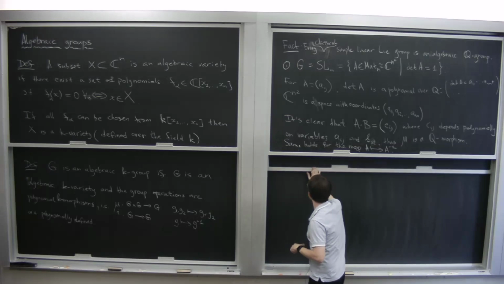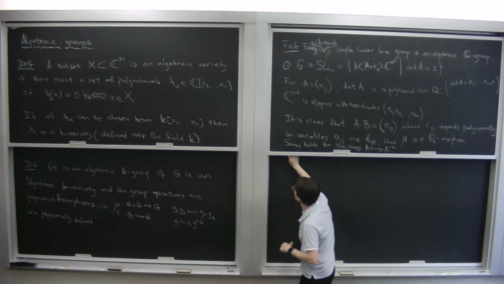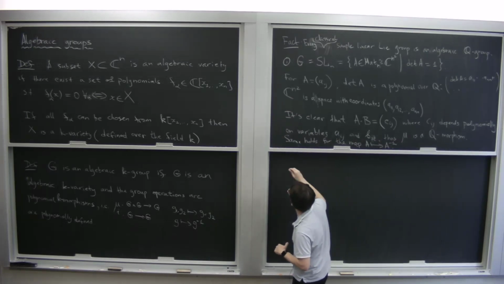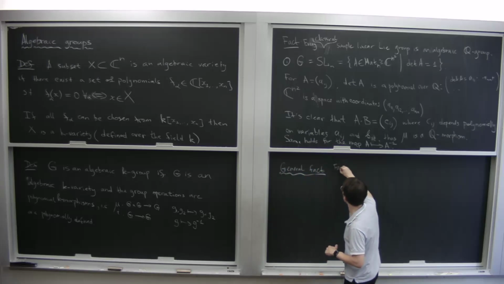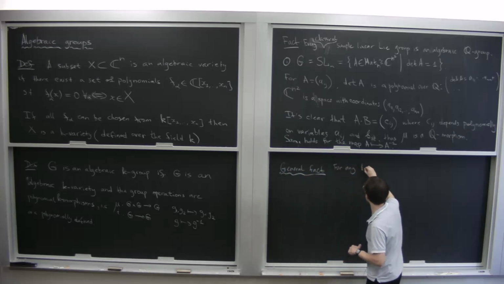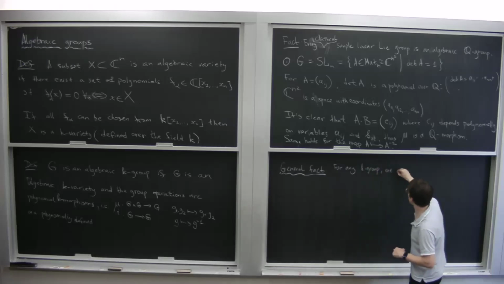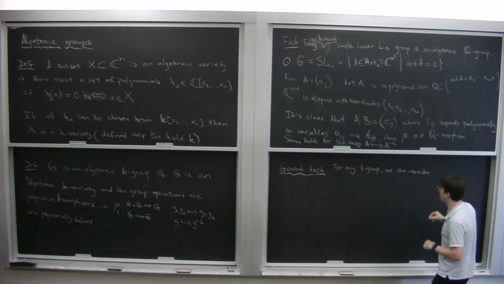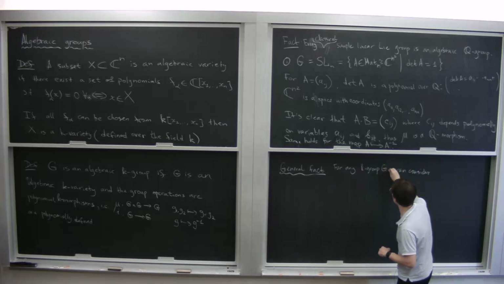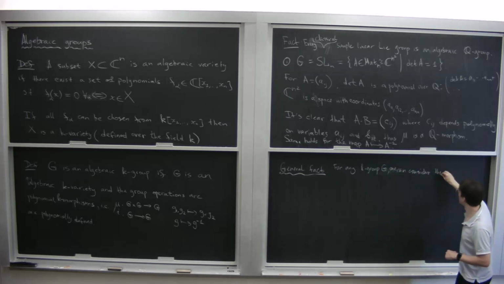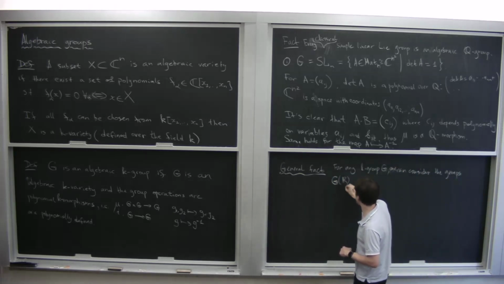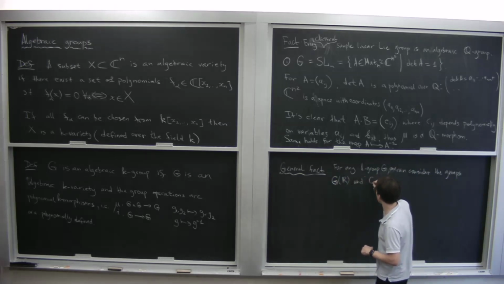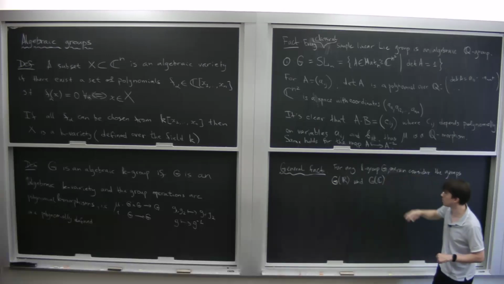One can consider, as a general fact that I skipped here, for any K group G, the groups G of R and G of C of real and complex points.